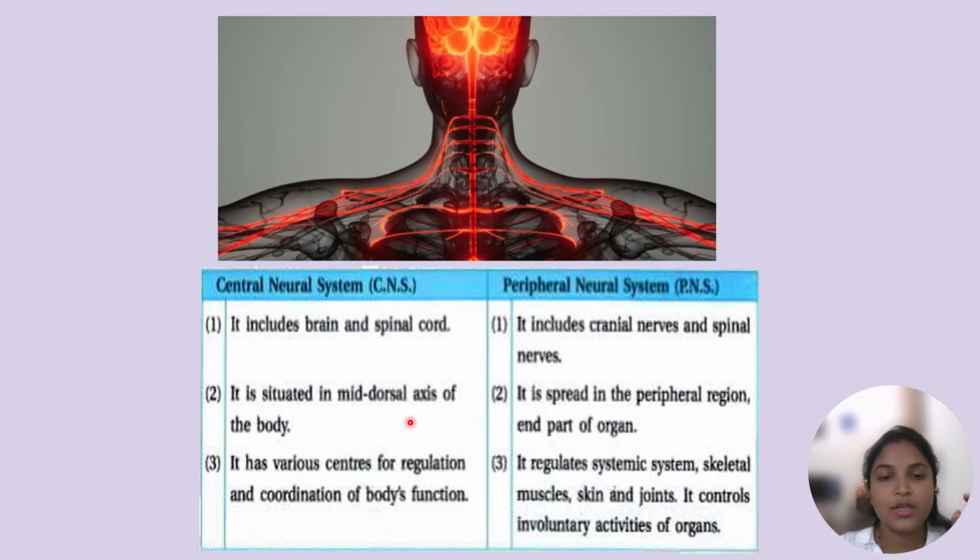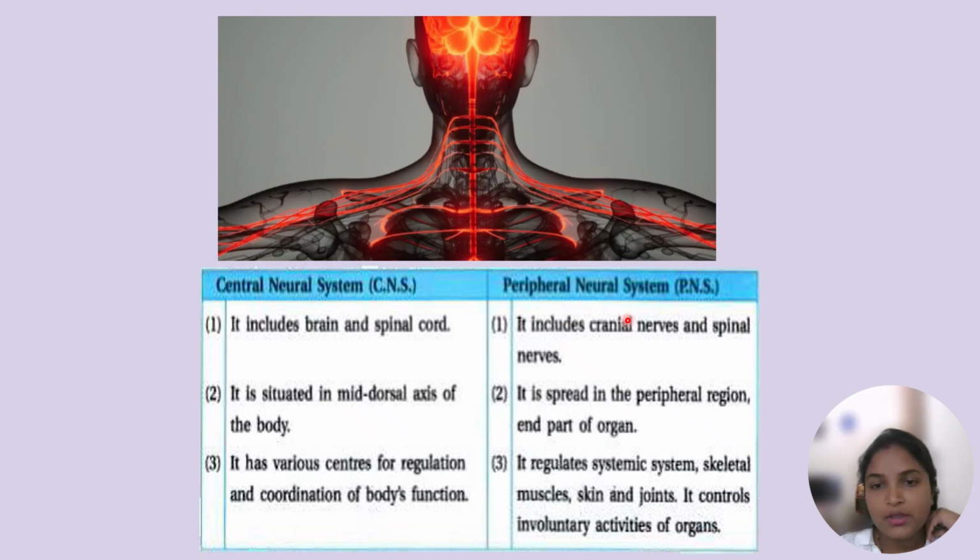It is situated in the mid-dorsal axis of the body, and it has various centers for regulation and coordination of the body's functions. Remember, we learned about coordination in the last session. Coordination is controlled by the central nervous system.